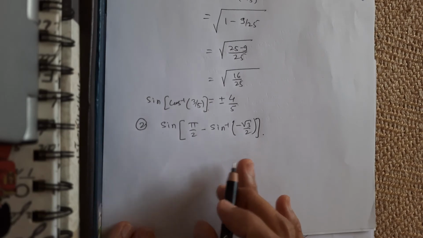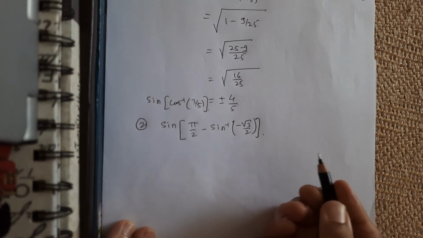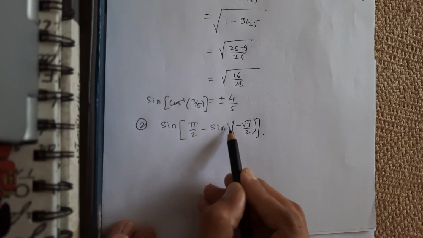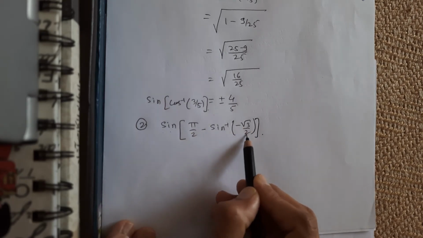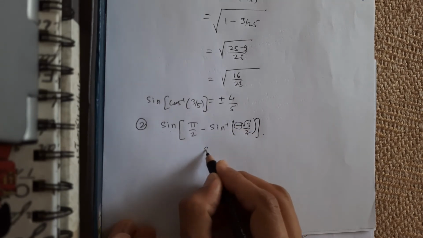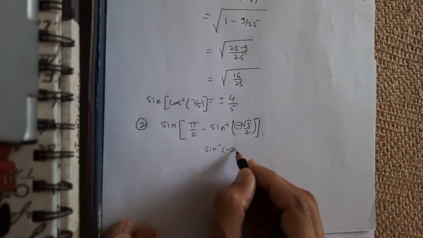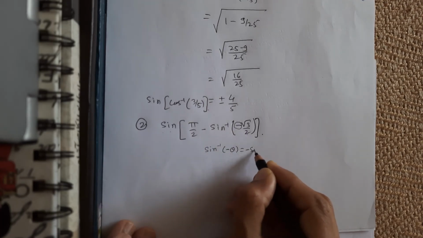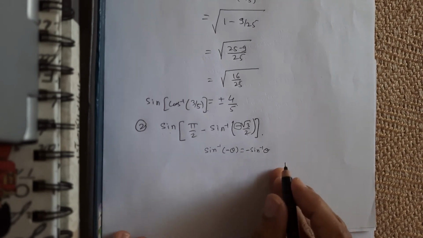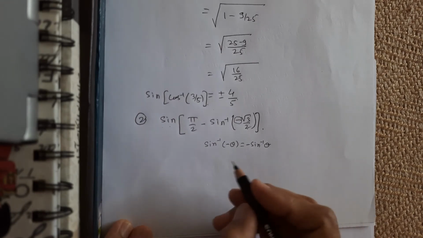Another example I have written here is, I want to find the value of this inverse function, sine of pi by 2 minus sine inverse of minus root 3 by 2. So first of all, I simplify this minus sign by using the formula that sine inverse of minus theta equals minus sine inverse of theta. That property we already have discussed in the first part of this lecture.